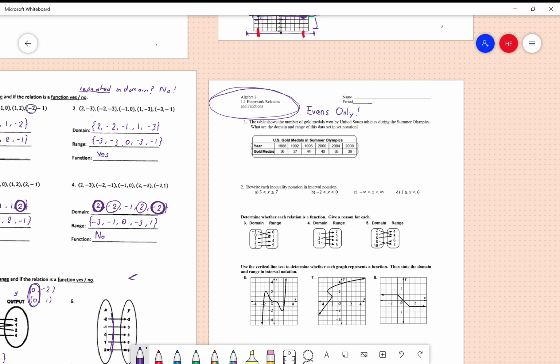And then you'll upload a picture of your homework. Make sure that your name is on both pages. If your name is not included on both pages, then I cannot give you credit. So you're going to upload both of these pages to Canvas as your homework assignment, but you're only doing the evens.